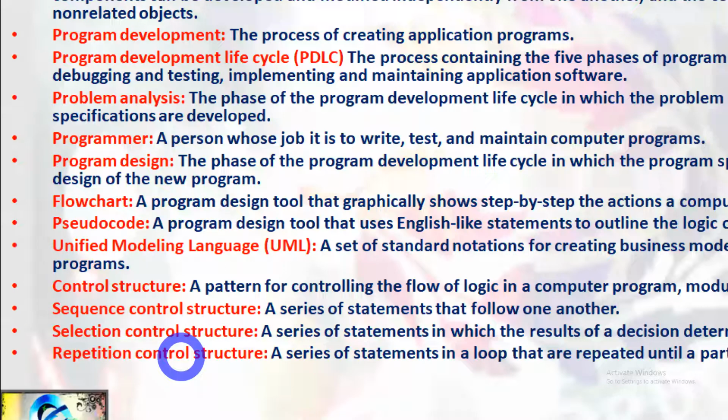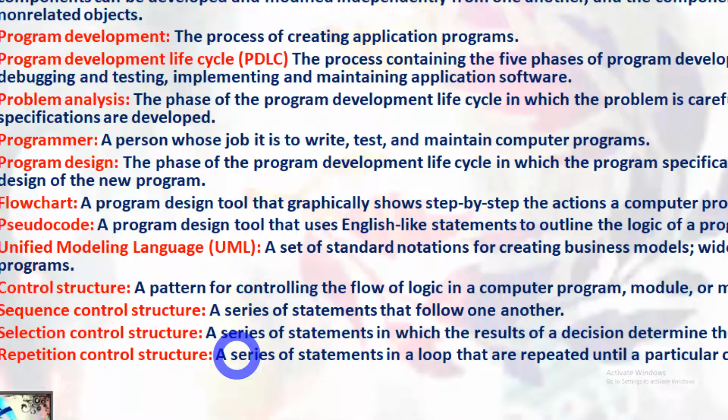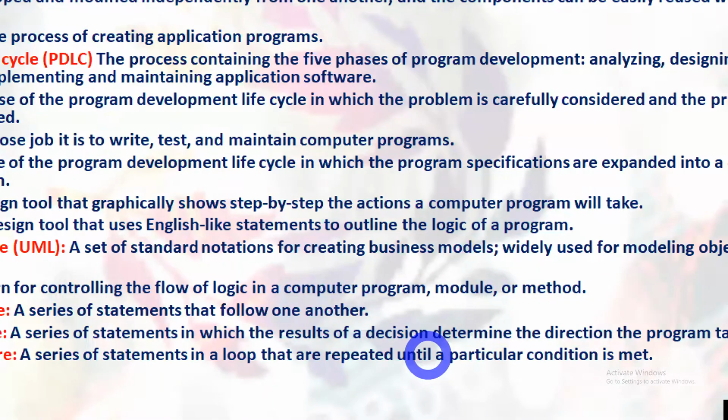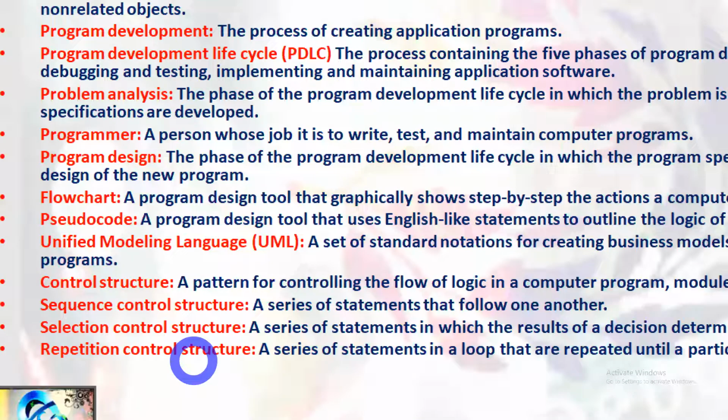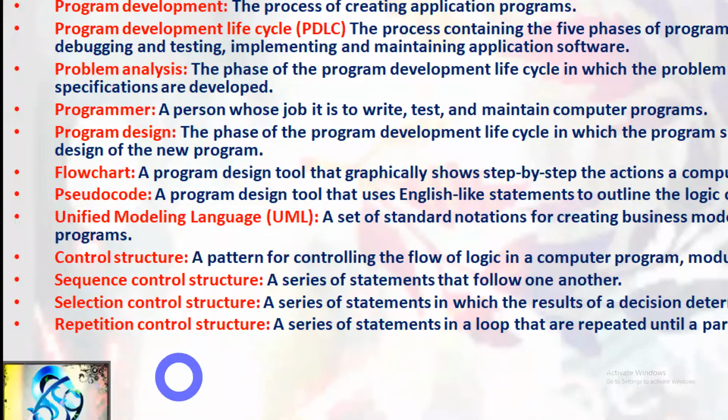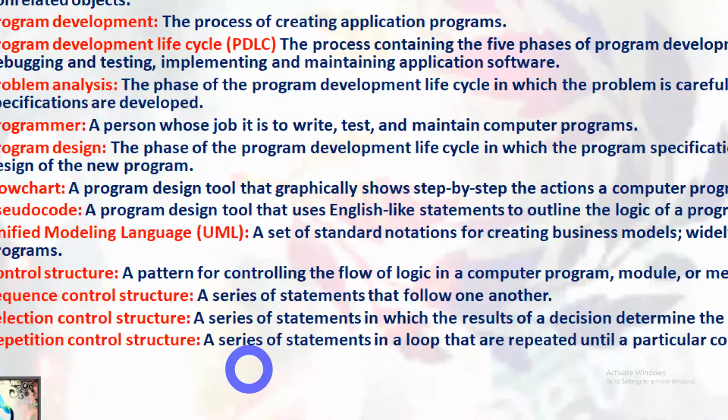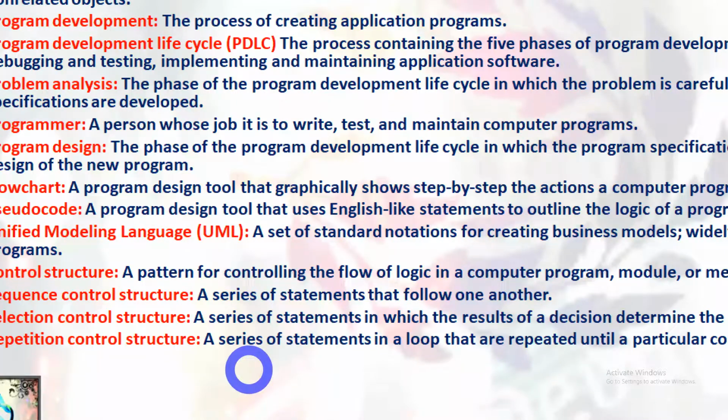Selection control structure: a series of statements in which the result of a decision determines the direction the program takes. Selection means exactly where the control should flow. Repetition control structure: I want to execute a statement a number of times, like "I am Sreekanth, welcome to programming in C language."